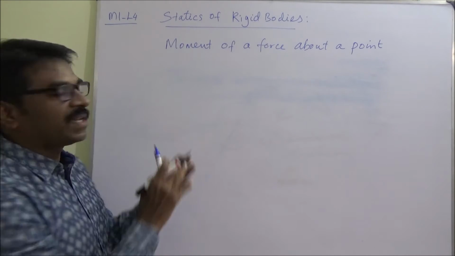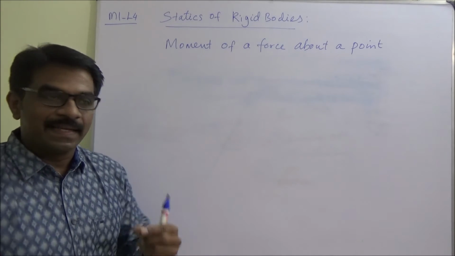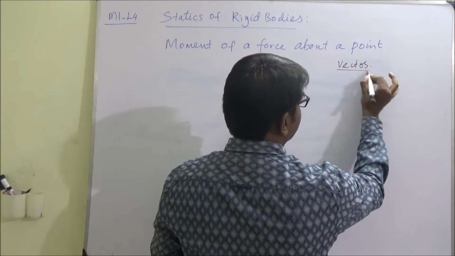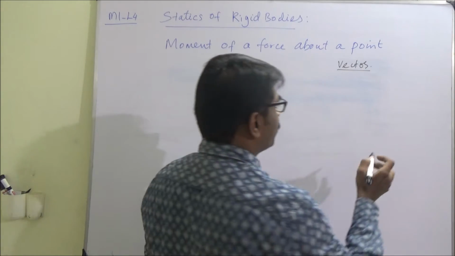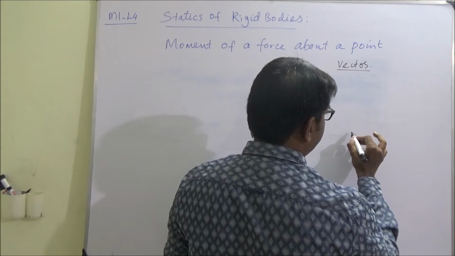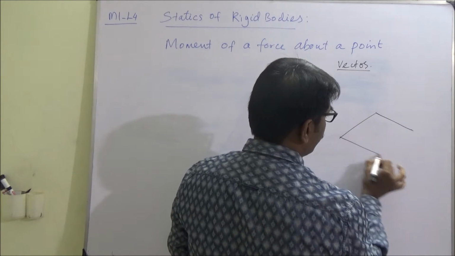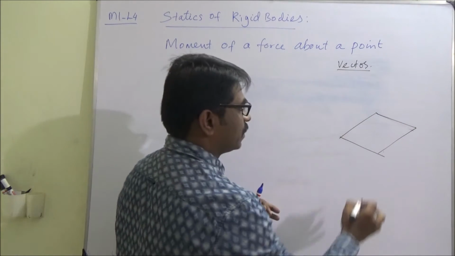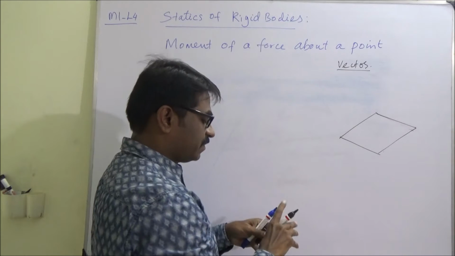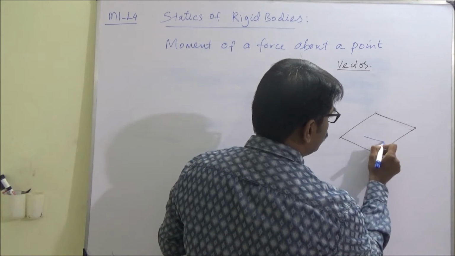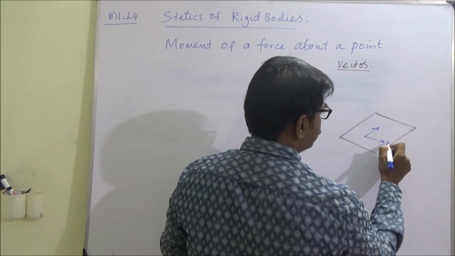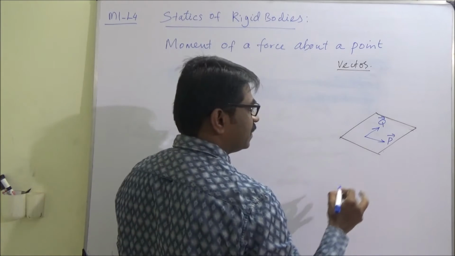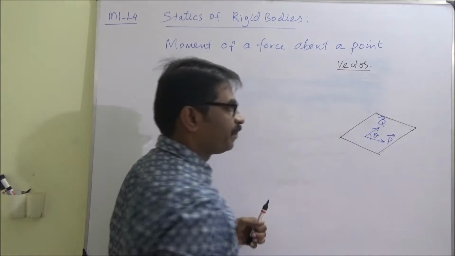Before really getting into the stuff, we'll see the cross product of vectors, which you would have already studied. Say for example you take a plane. Let us assume this is a plane where two forces are acting. Let us take this as P and this as Q vector, and the angle is theta.